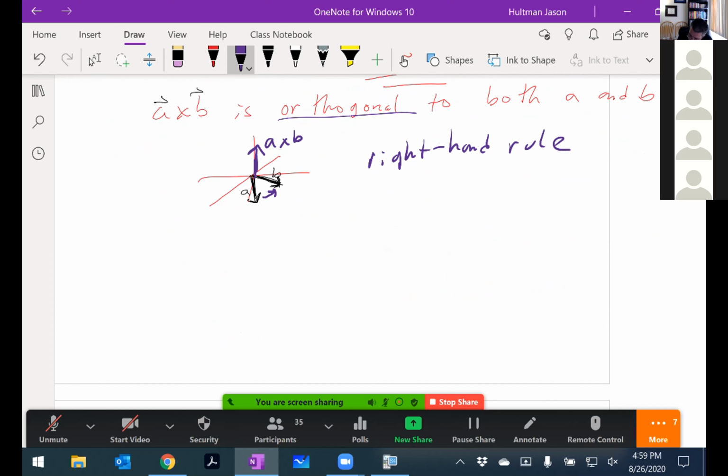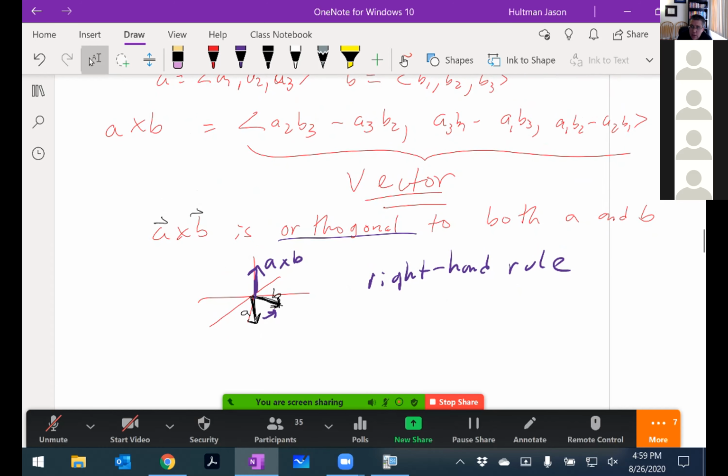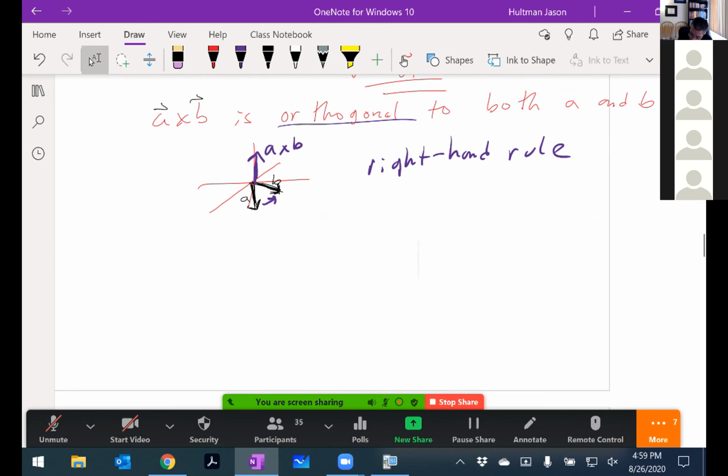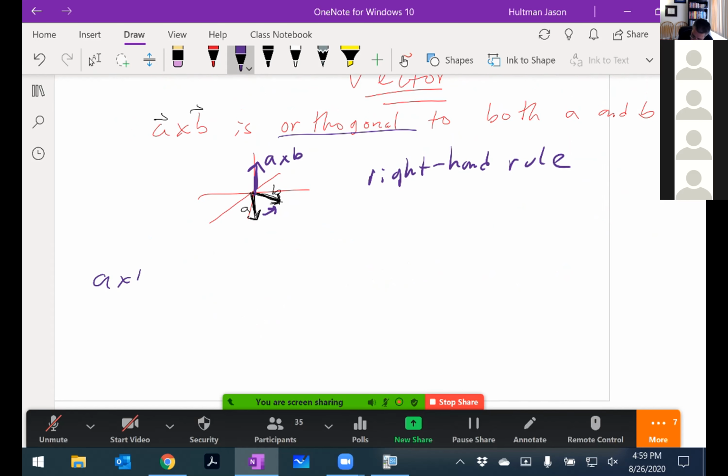Okay, so the way that we can rewrite this without having to memorize it every time is we say that A cross B is equal to the determinant of the following matrix. It's I, J, K. Okay, I'm just kidding. No, I'm not. Sorry. Actually, I have this from the notes that I took in summer of physics.